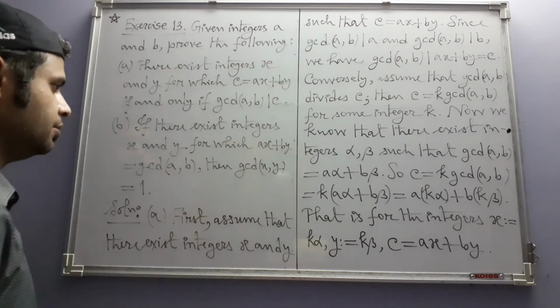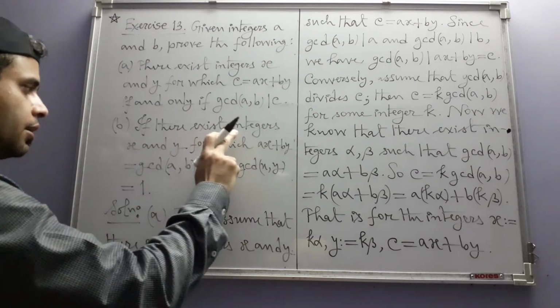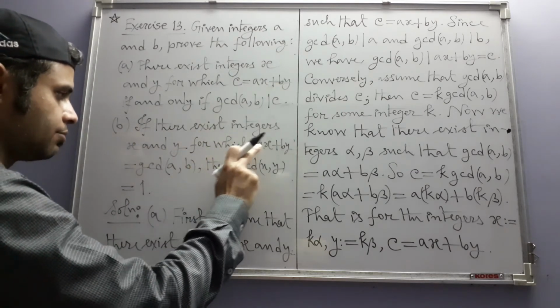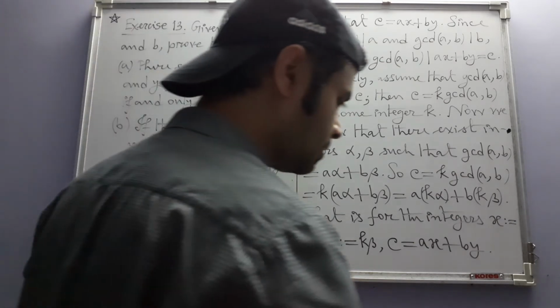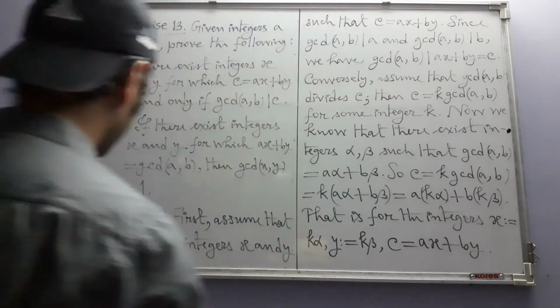Now part B. If there exist integers x and y for which this holds, then GCD of x and y must be equal to 1.